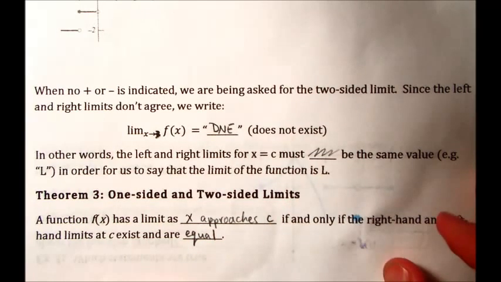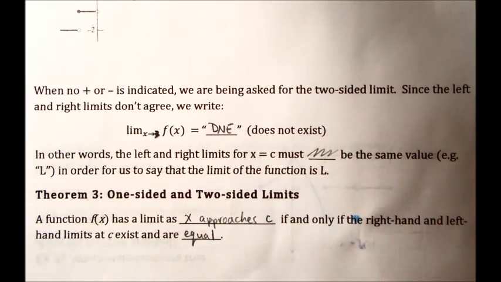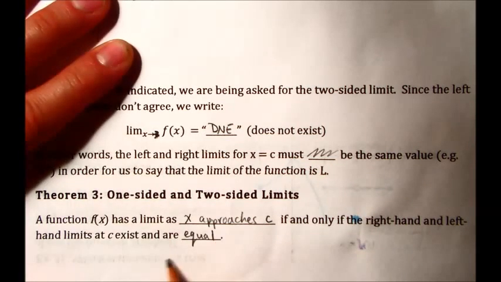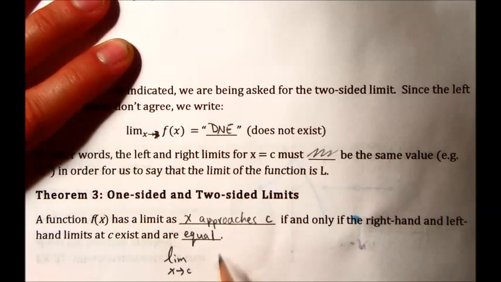So I just restated it up above. So let's go and write that. If I ask you for the limit as x approaches c, you're really supposed to split that into two questions, right and left.